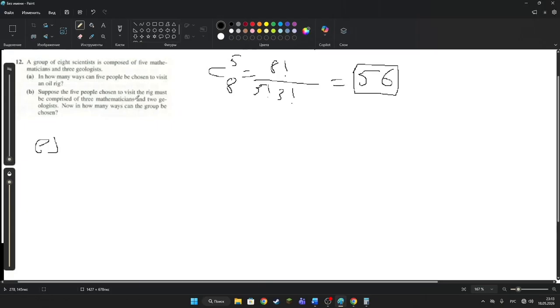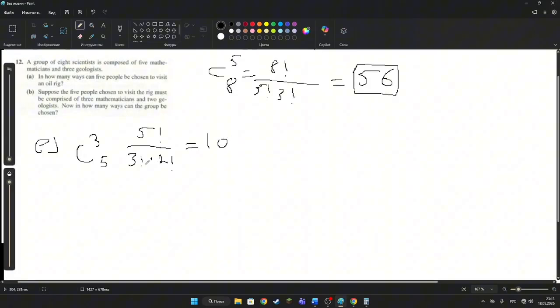Then the answers of these parts we just multiply, and that's it. So first of all we must choose the mathematicians from the 5 members of the group. It's 5 factorial divided by 3 factorial multiplied by 2 factorial, and it's going to be 10.